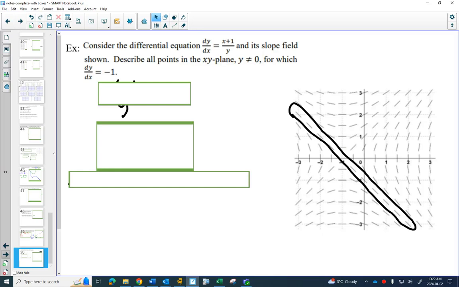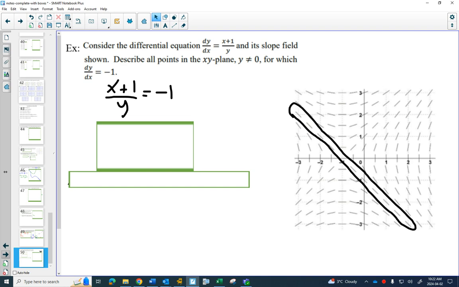So if we look on our slope field, we're looking for little lines where the slope is equal to -1. Circle those all right there. That means that in our differential equation, if we know the slope is equal to -1, we can replace that dy/dx with the -1.